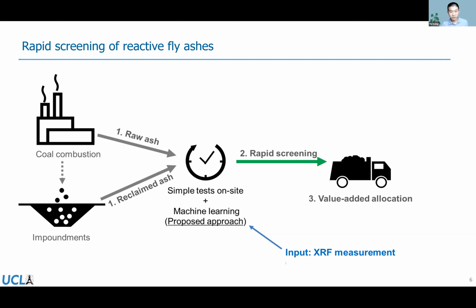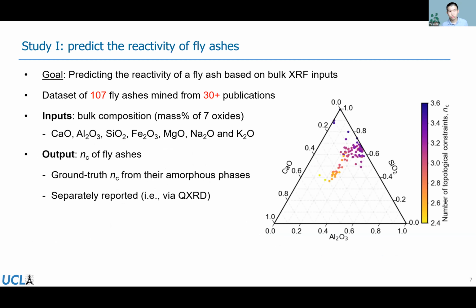In this presentation, I'm going to show you 3 studies that we carried out to fulfill this kind of hope. And for the first one, we are really focusing on the reactivity of fly ashes. What we did is that we first collected a large fly ash database.